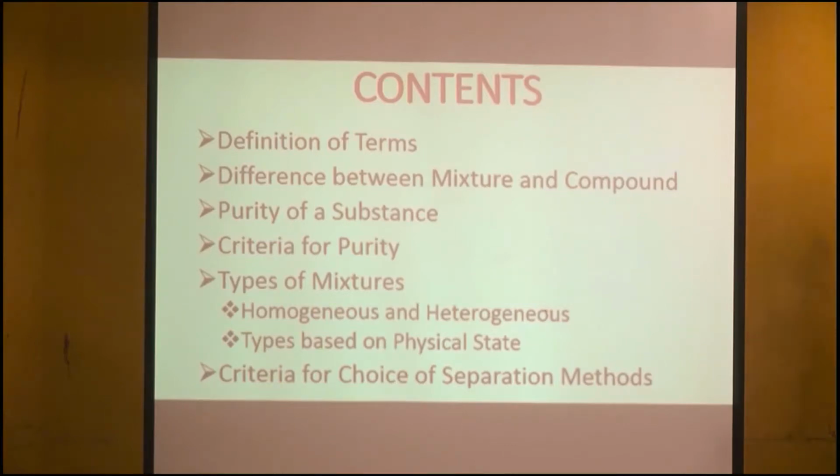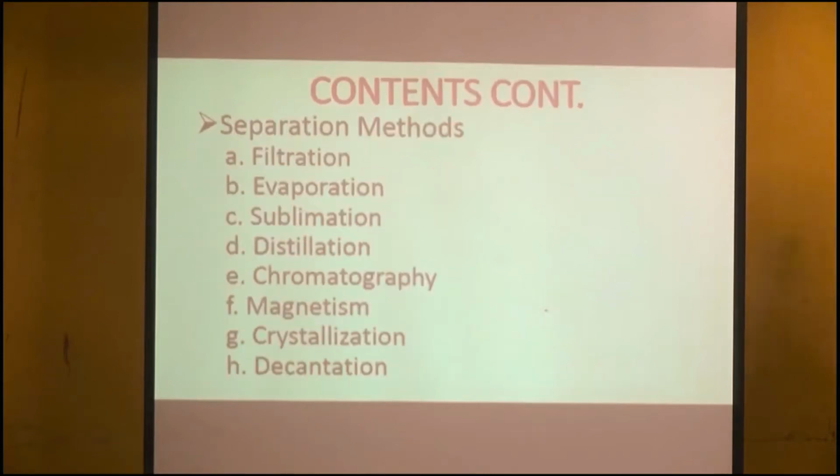We'll be looking at homogeneous and heterogeneous, types based on physical states, criteria for choice of separation methods, and of course we'll look at the different separation methods like filtration, evaporation, sublimation, distillation, chromatography, magnetization, crystallization, and of course decantation.